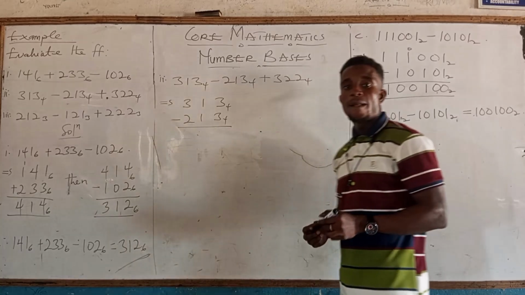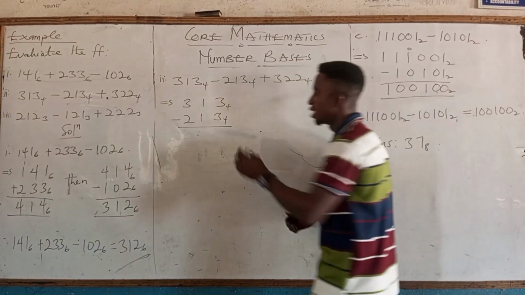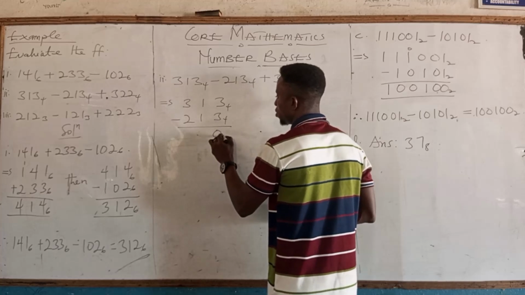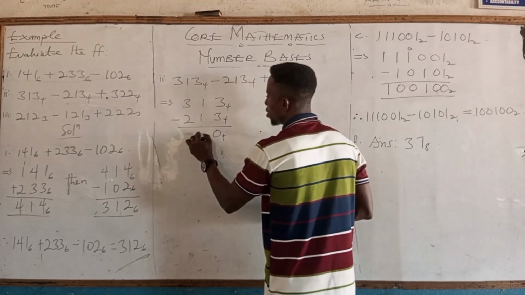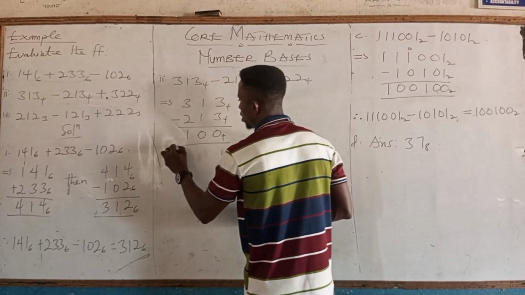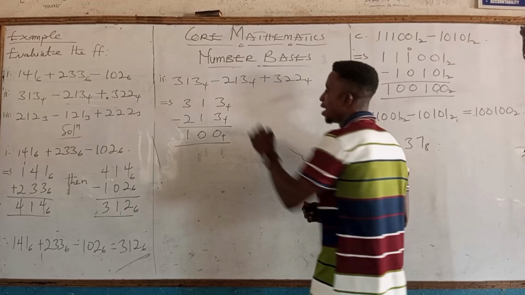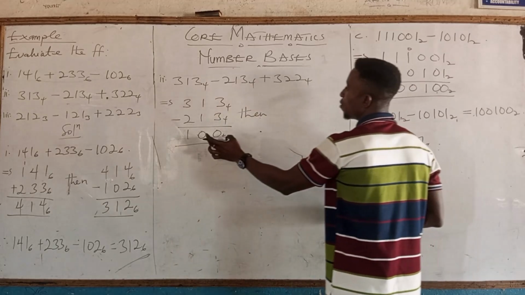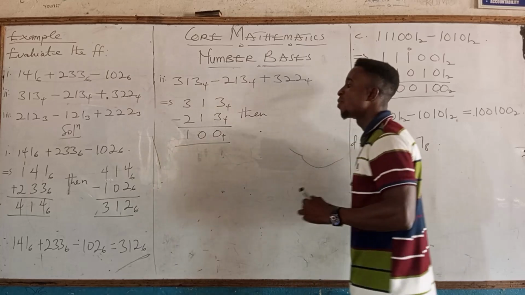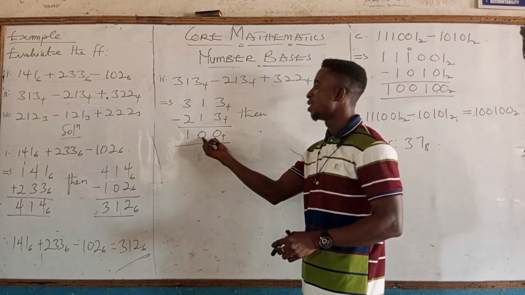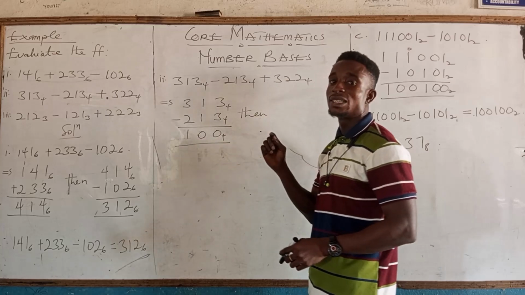Please, do we get that? Okay, let's proceed. So subtracting this one from this one will get us what? 0. Then this one is what? 0. Then this one will get us what? 1. Are we getting that? Then we proceed. But here now we are not going to subtract. We are going to add this one to the result, so we are adding this one to it. Are we getting that?